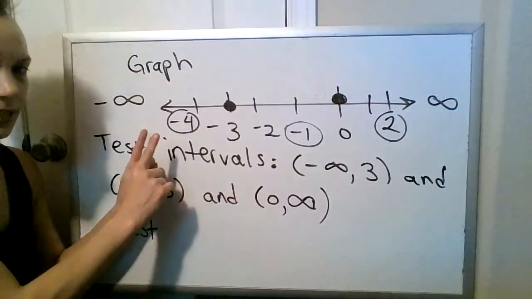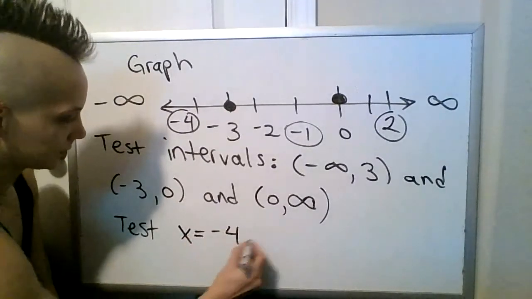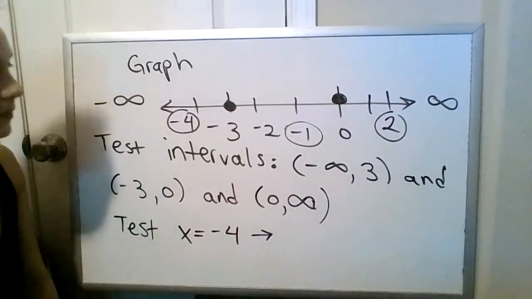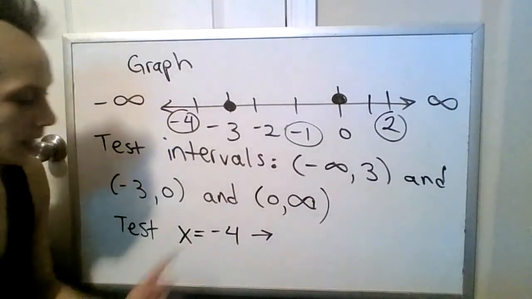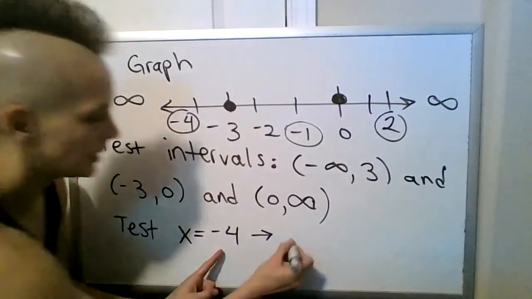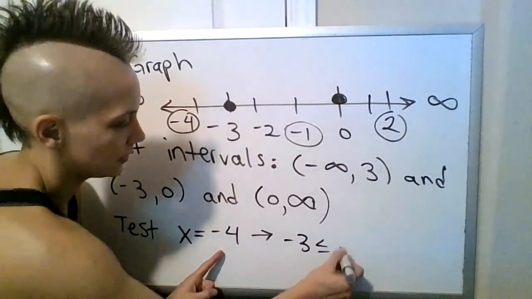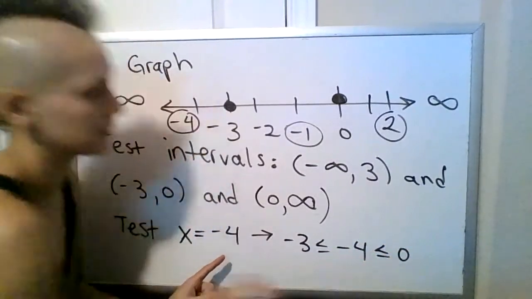So let's start here. x equals -4. You look at your set and put that value into the inequality, -3 less than or equal to -4 less than or equal to 0.